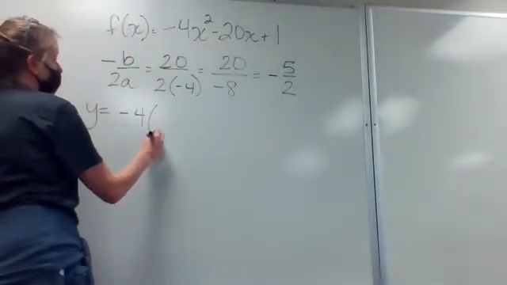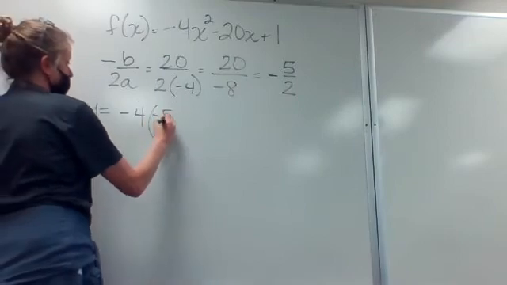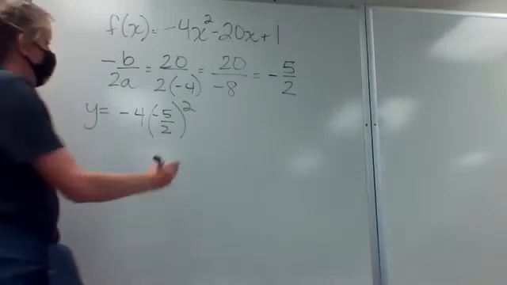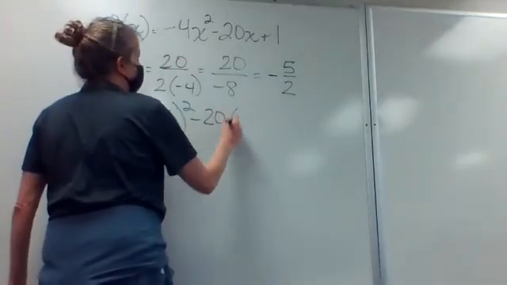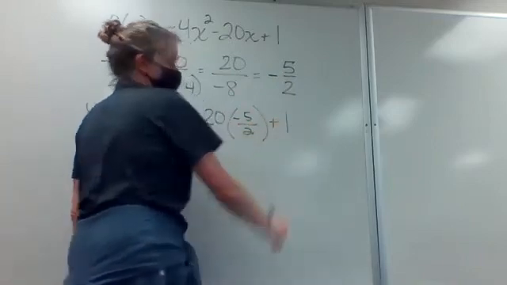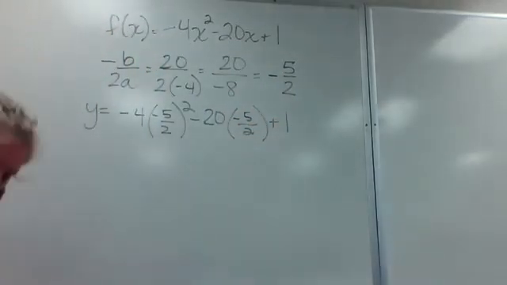So I have negative 4, open parenthesis, negative 5 over 2, squared, minus 20 times negative 5 over 2, plus 1. Again, I'm just punching that in my calculator.